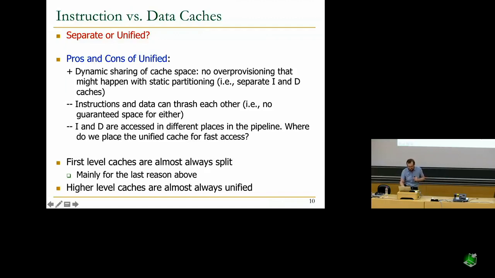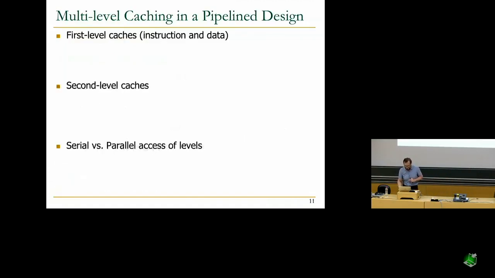You don't get the downsides at the L1 level, and you get the upside at the L2 and L3 level. And these may be less important at the L2 and L3 level. So now you can see that the cache design is different at different levels because you have different constraints at different levels.